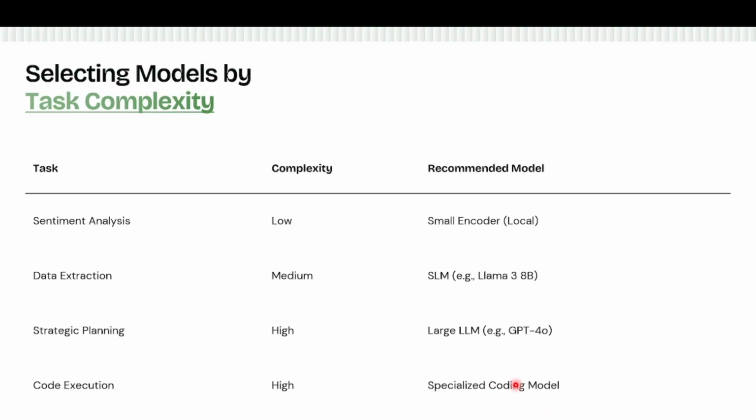So you can use specialized coding models like Codex for ChatGPT and Claude Code. Claude Code and Codex have been known to be very effective at building applications from scratch.